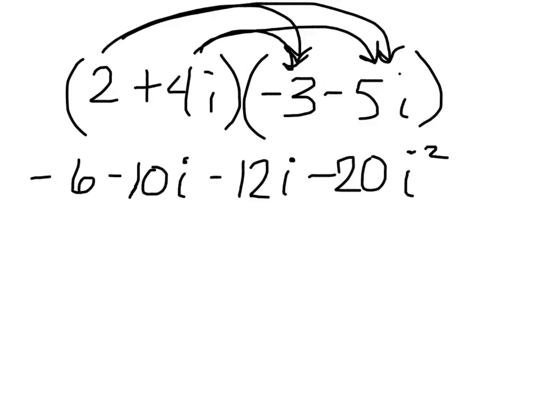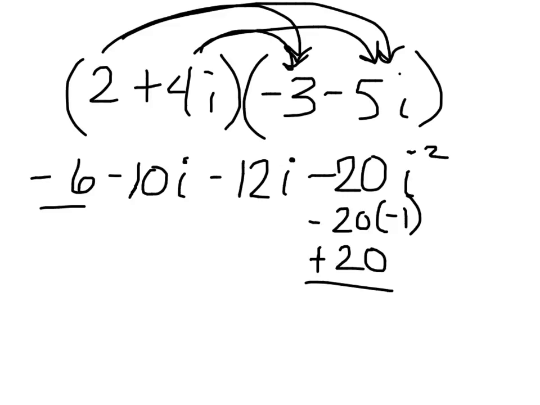What did i squared equal to? Negative 1. So negative 20 times negative 1. What do two negatives make? Good. So that's really a plus 20. What's negative 6 plus 20? 14.